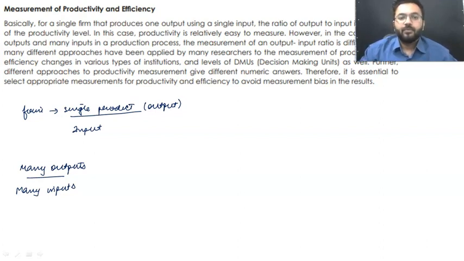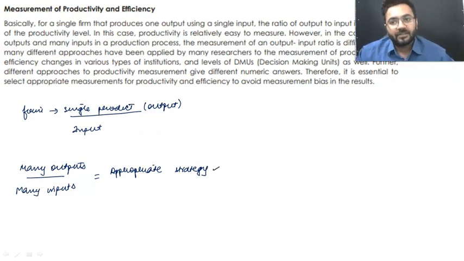So now we are going to study the different approaches toward productivity measurement, and we are going to cover them. In this scenario, the most difficult part is having the appropriate strategy. You need to make a proper selection. If you have an appropriate strategy for the management, then only are things going to work. If the strategy is not selected properly, my dear students, you are going to lag over there.